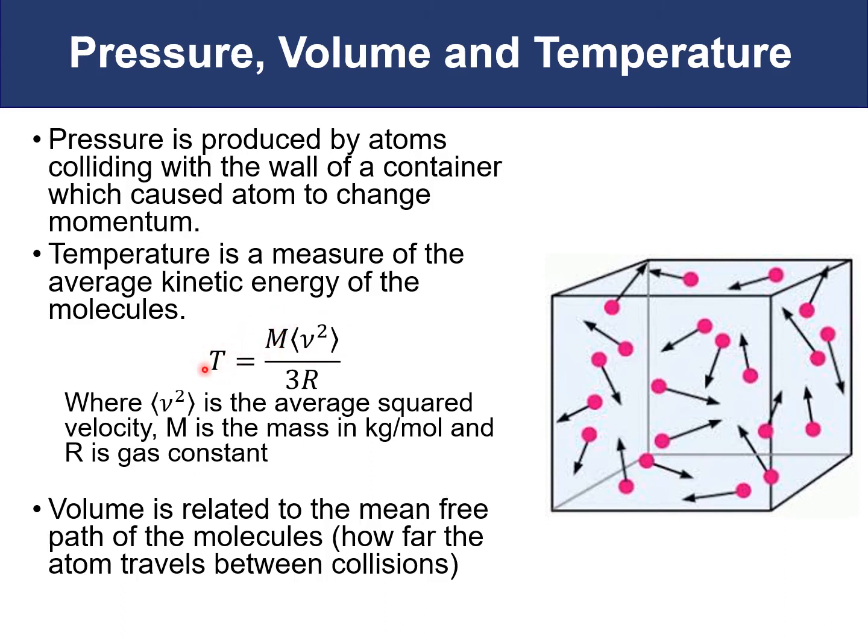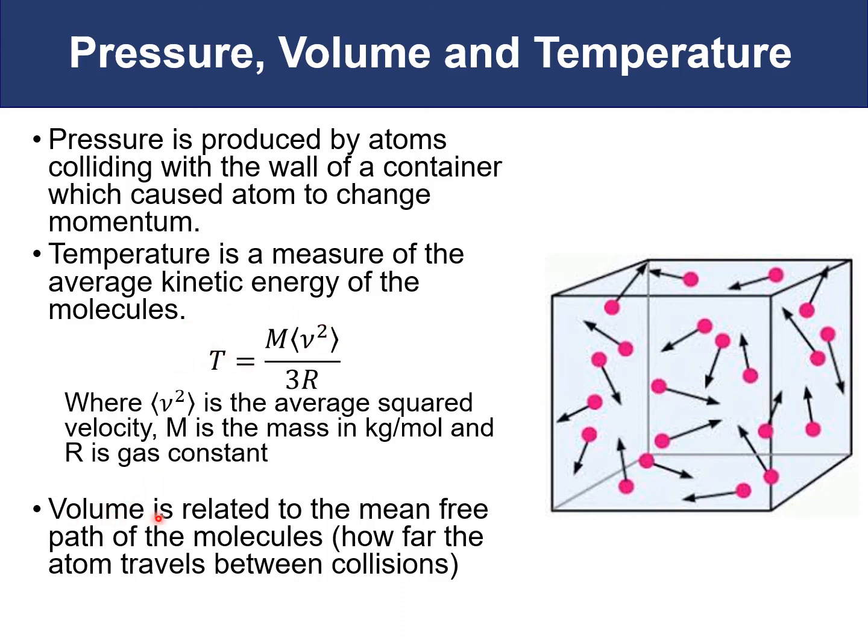So at a particular temperature, the methane will be moving slower than the hydrogen because the methane itself is more massive. But the methane molecules and the hydrogen molecules have the exact same kinetic energy, because it's the mass times the velocity squared, and that's what we're measuring when we measure temperature.